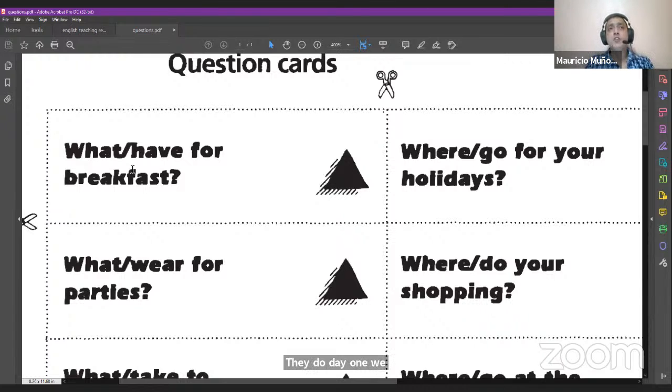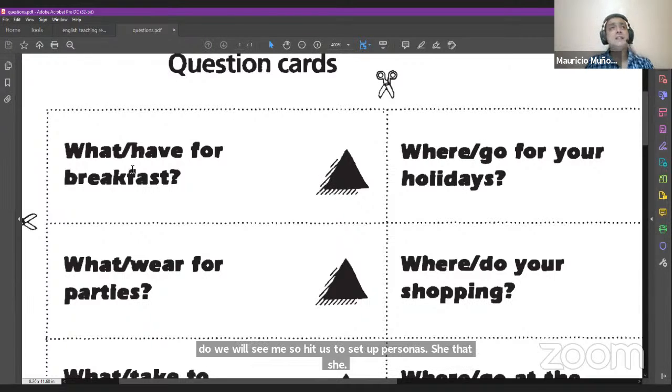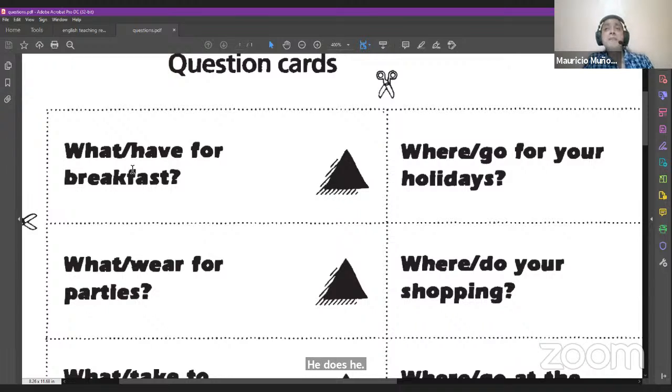We, do we. Pero si mi sujeto es terceras personas, she, does she. He, does he. My mother, that's my mother. My father, that's my father. You see? Well, so in these question cards, we're going to complete the incomplete questions.